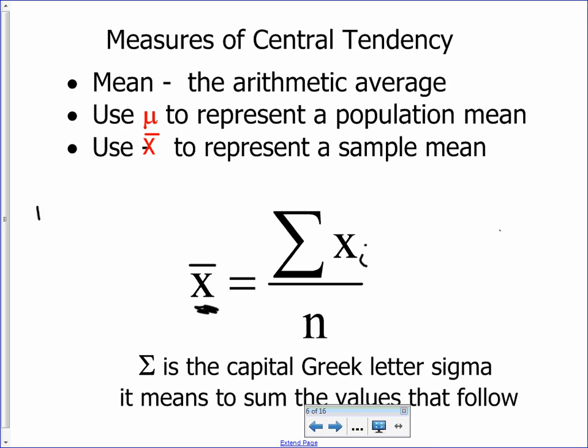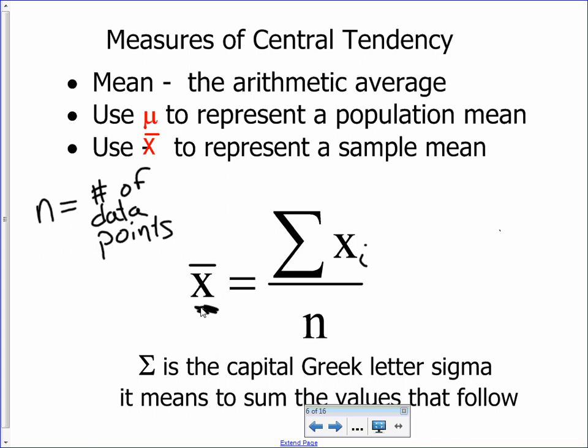So n always is the number of data points. Right? n is always the number of data points. So all this is saying is add up all the data points and then divide by the number of observations that there are.